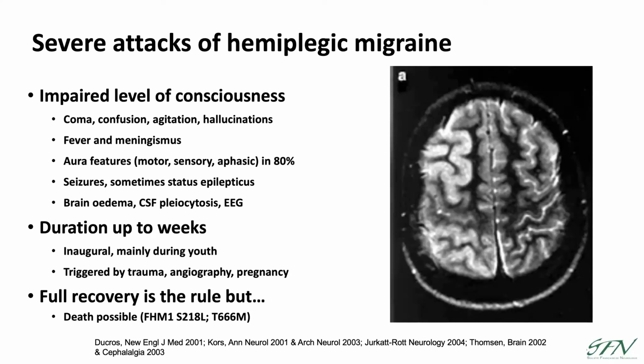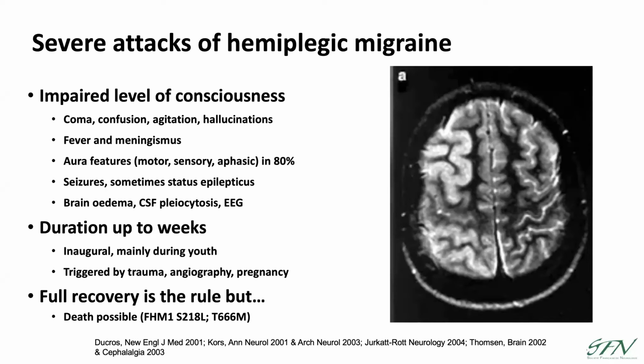I have seen a lot of patients with coma induced by severe hemiplegic migraine attacks, and sometimes these patients need an intensive care unit for some days or some weeks until they recover normal consciousness. In addition to coma, often there is an associated fever, which can be high, 40 or 41 degrees, and meningeal signs.